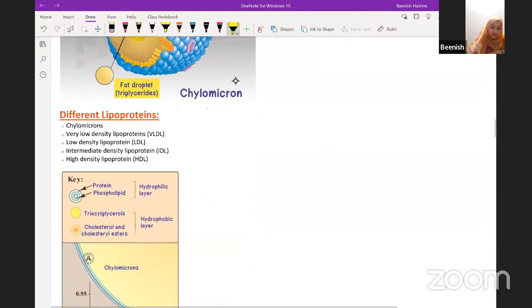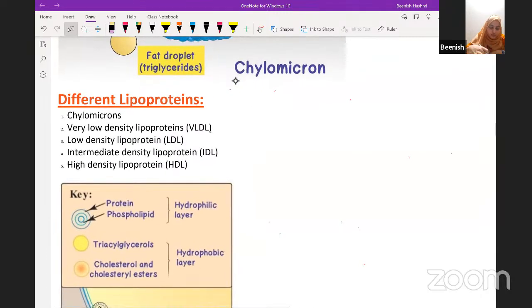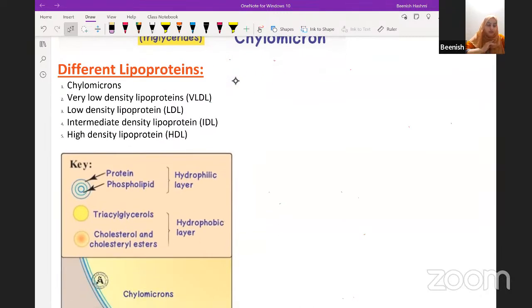Now let's talk about the different types of lipoproteins. So what are the different types of lipoproteins that you have? Chylomicrons, very low density lipoproteins, low density lipoproteins, intermediate density lipoprotein, and high density lipoprotein. They have actually been arranged in decreasing size and increasing density.